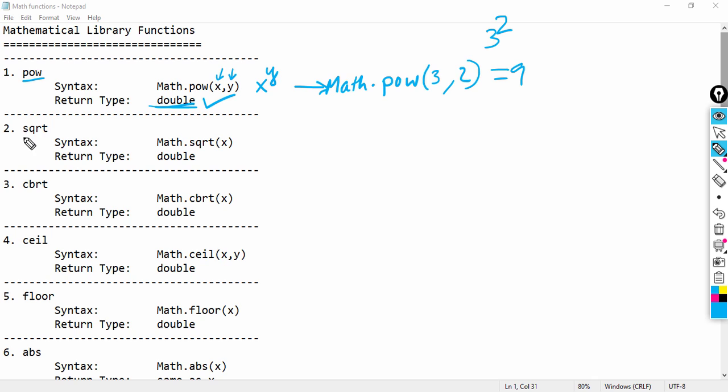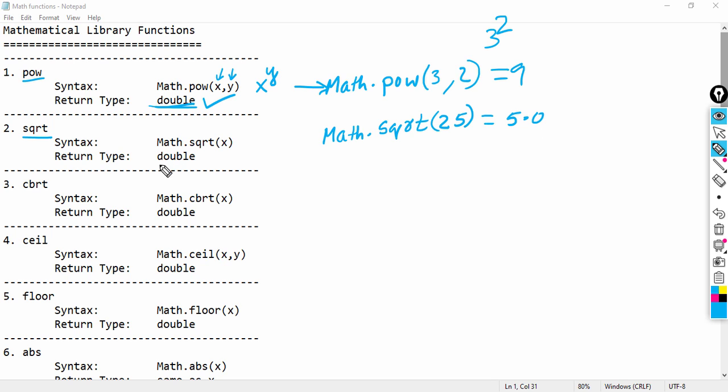The next function is the SQRT function. The SQRT function gives me the square root. So, if I write math dot SQRT 25, the answer will be 5.0.